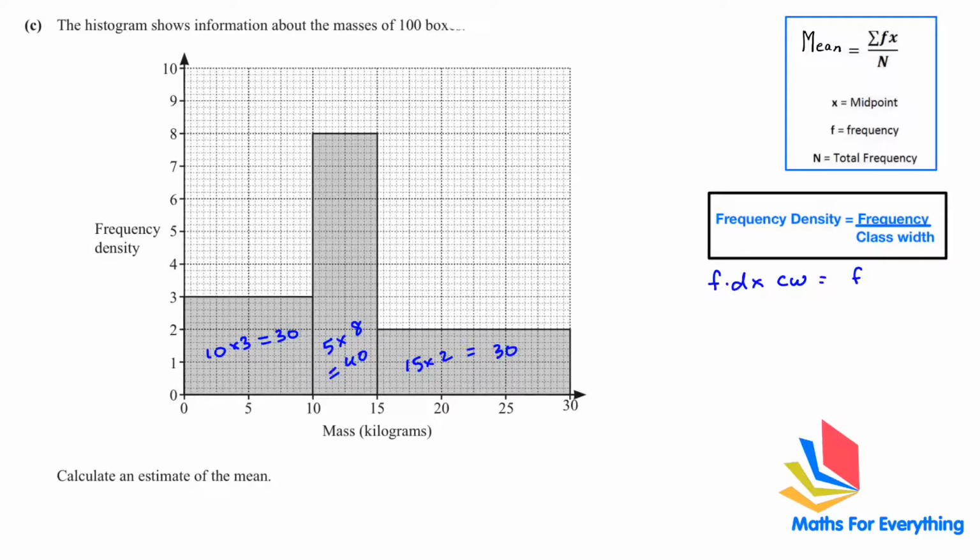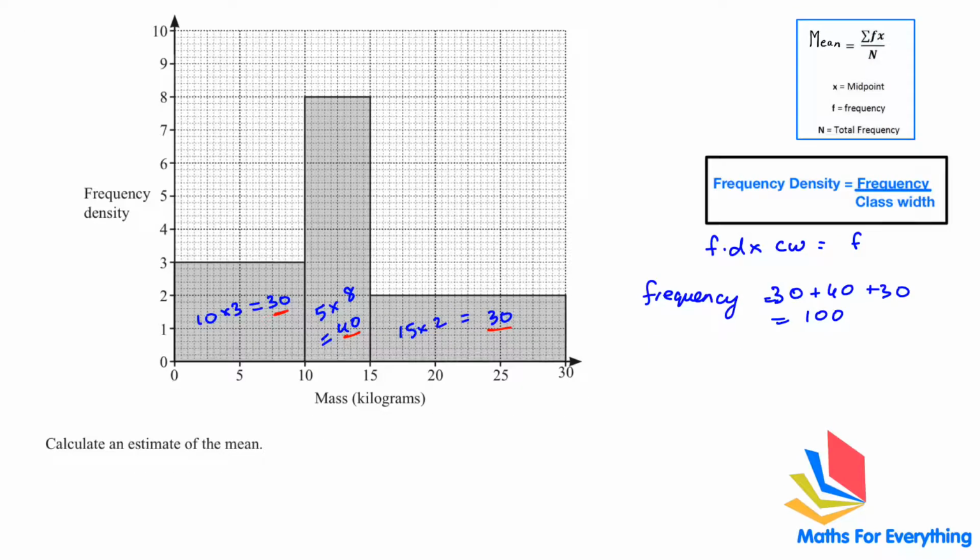So 30. Therefore, the total frequency is 30 plus 40 plus 30, which is 100. We have found the total frequency.